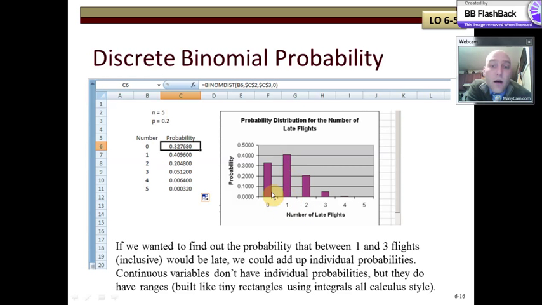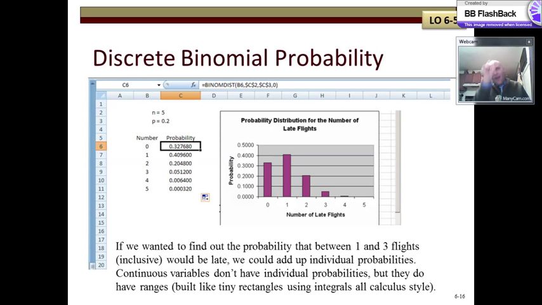The height of each bar determines the probability. Because it's discrete, I just have to add up 3 things, and I know the probability of a certain range of late flights occurring. I can do it because it's discrete, not continuous.